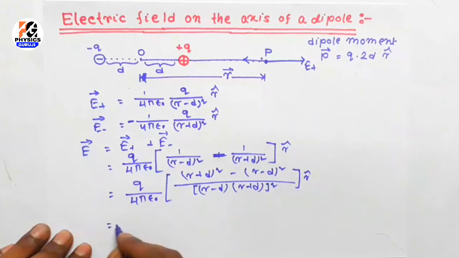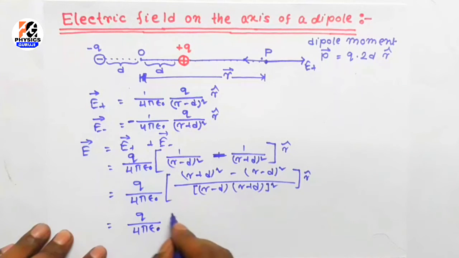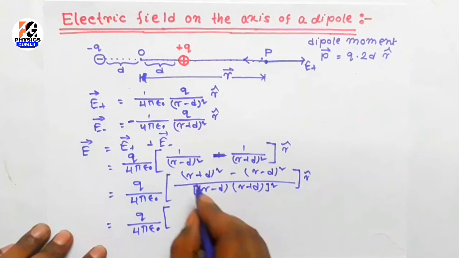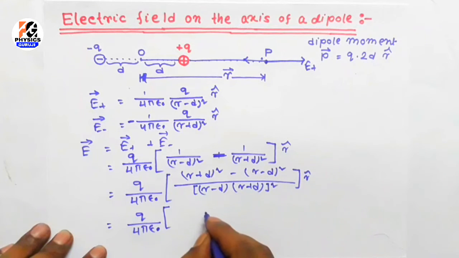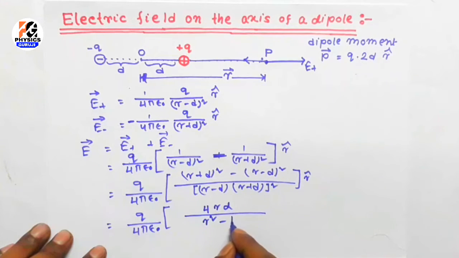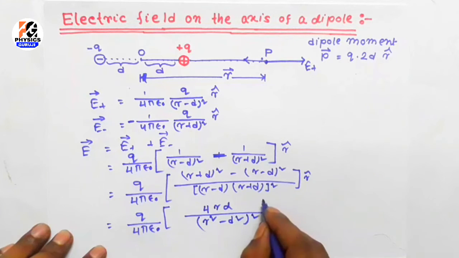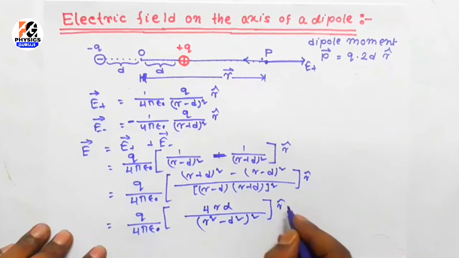It becomes equal to q by 4 pi epsilon 0 into r plus d square minus r minus d square, which means 4 r d, by r minus d into r plus d, which means r square minus d square, whole square, into r cap.